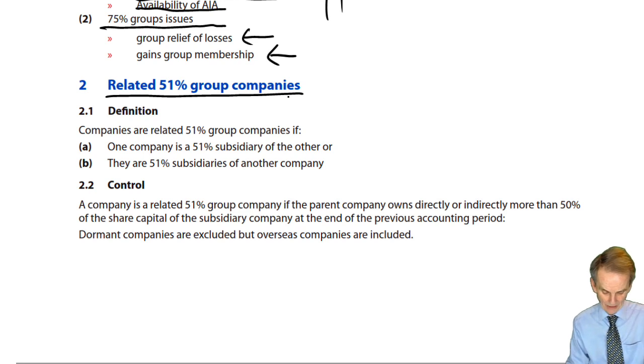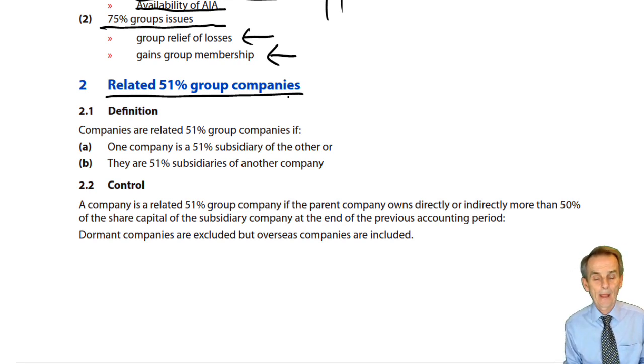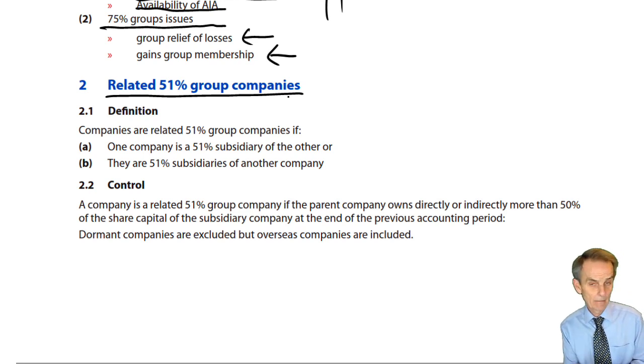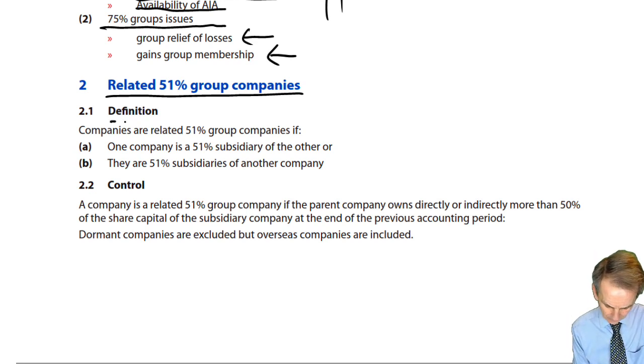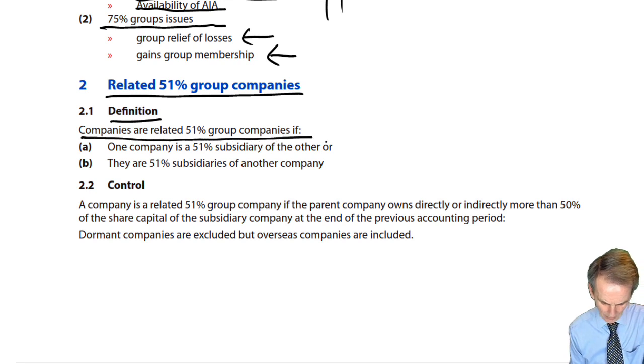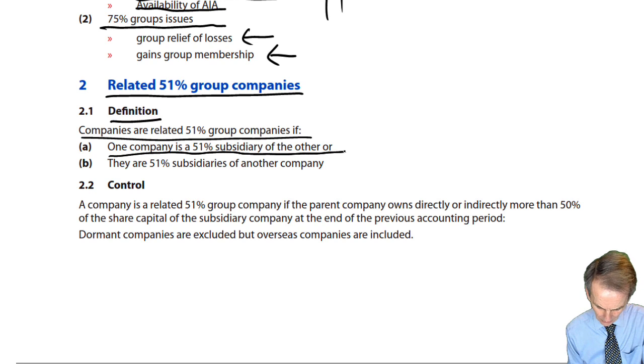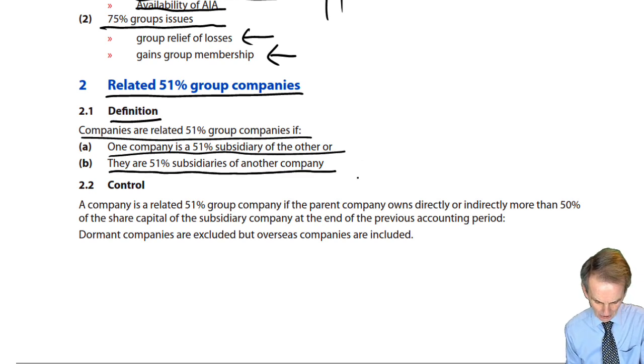Related 51% group companies. Now, again, back in chapter 16, we saw the definition. You may have paused the lecture yourself and gone back and had a look. But let's just remind you, first of all, the definition. Companies are related 51% group companies if one company is a 51% subsidiary of the other, or they are 51% subsidiaries of another company.